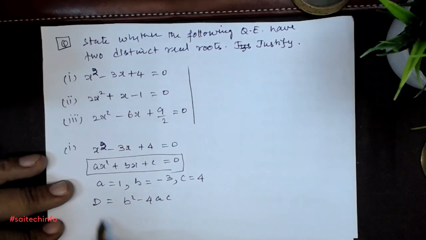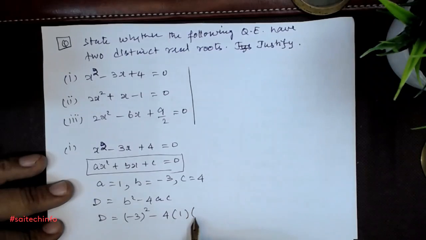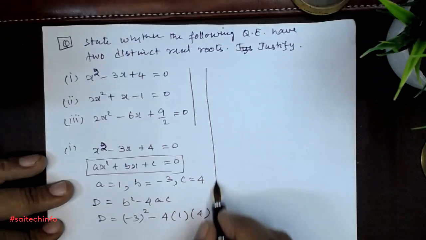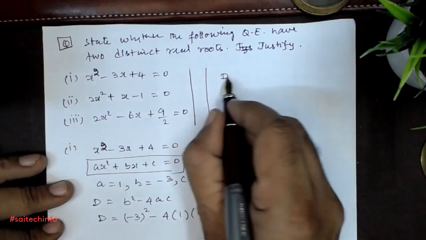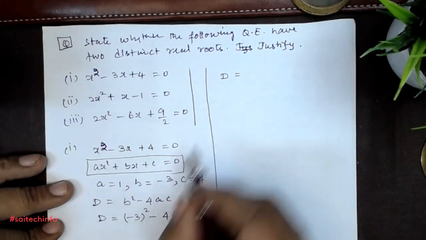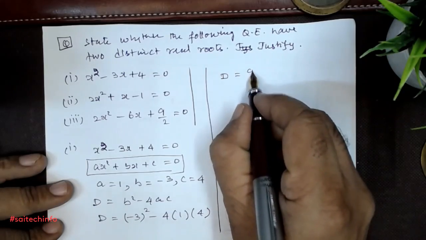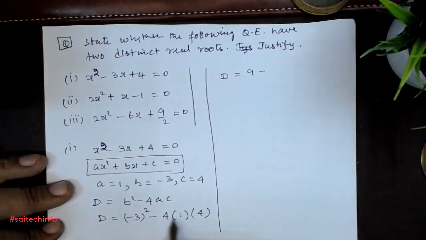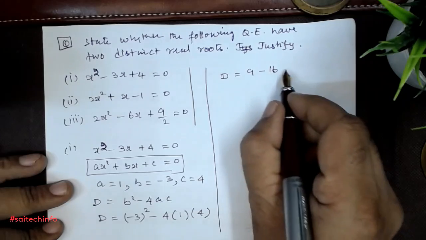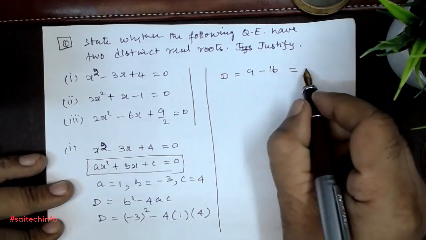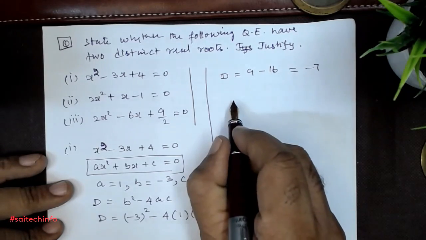So d is equal to minus 3 whole squared minus 4 into 1 into 4, which is plus 9 minus 16, that is minus 7.